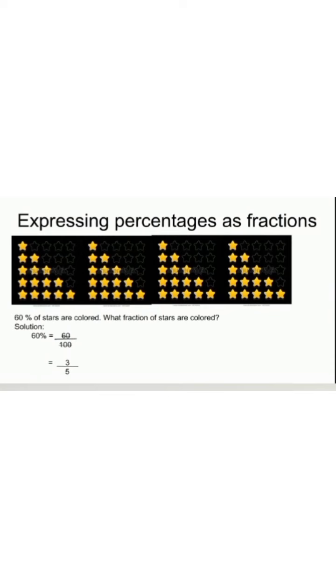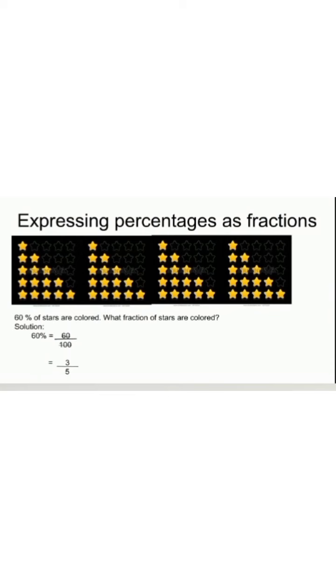It's in fraction form, but I have to give the answer all the time in simplest form. So I know that 60 and 100 both are multiples of 20. In other words, 60 and 100 both have a common factor, which is 20.